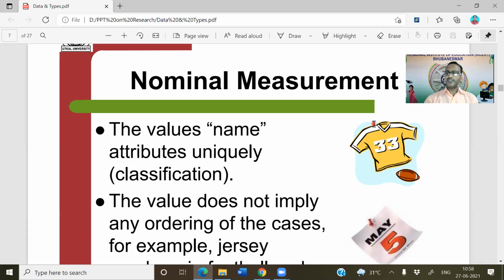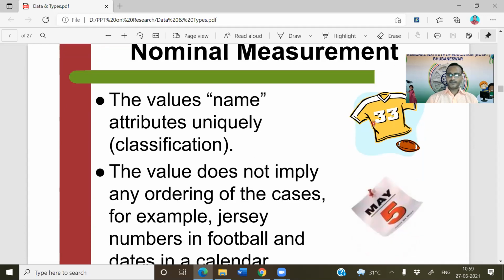Instead, you code it. You have given code 1 for male, 2 for female. What does it mean? Males are not superior, females are not inferior. This number is given to identify. Whenever you see 1, it means this is male. Whenever you see 2, it means this is female.